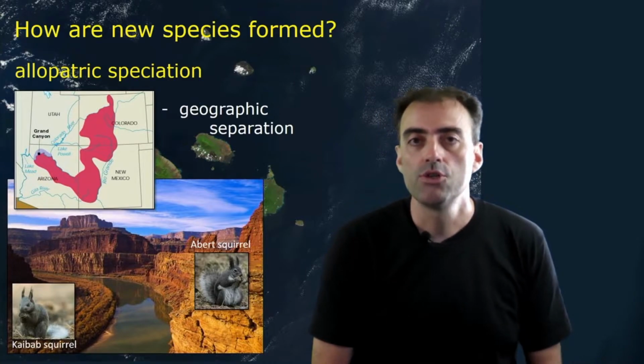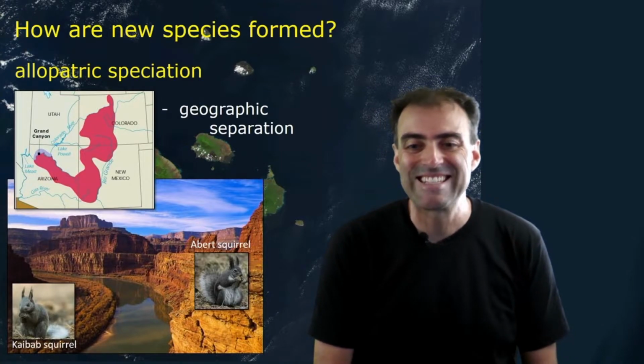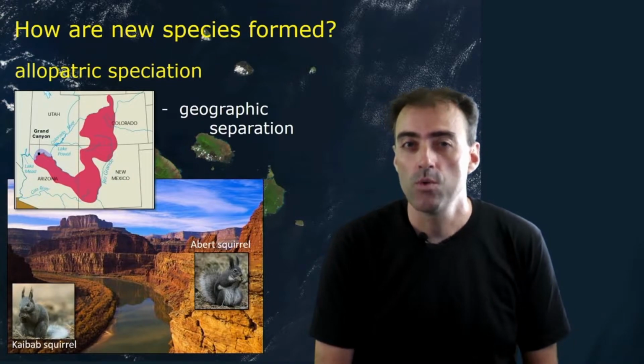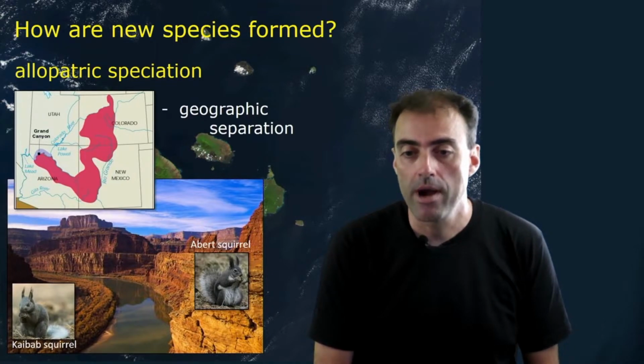Here we've got two different types of squirrel on either side of the Grand Canyon, which is a pretty formidable geographic barrier.